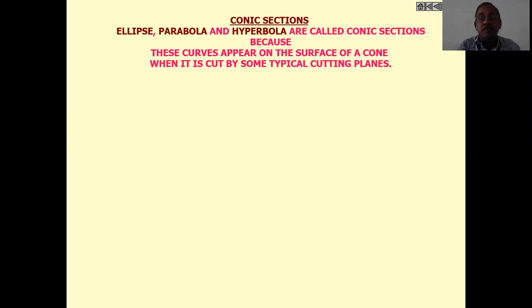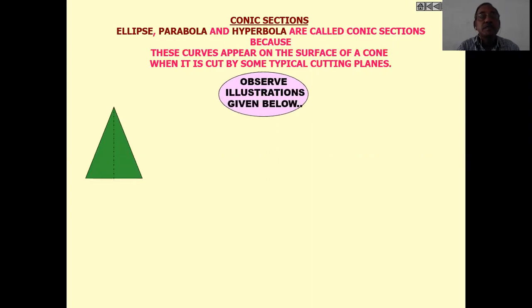Let's see this. This is a cone. When we look from the front, the cone looks like that. It is resting on its base, that is, the axis is vertical, as always when a right circular cone is mentioned.